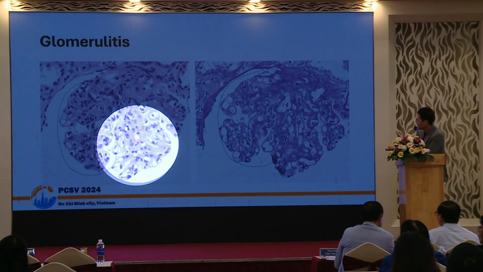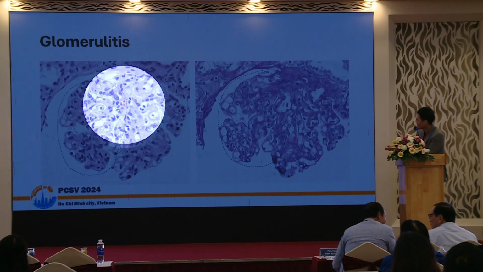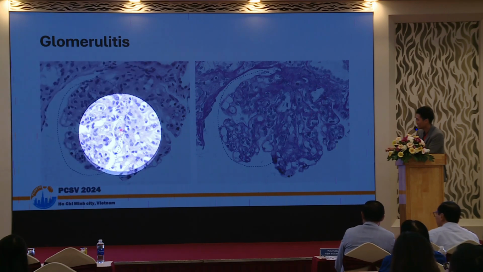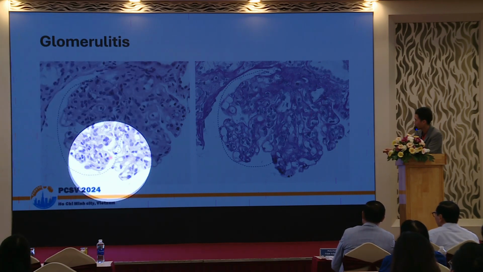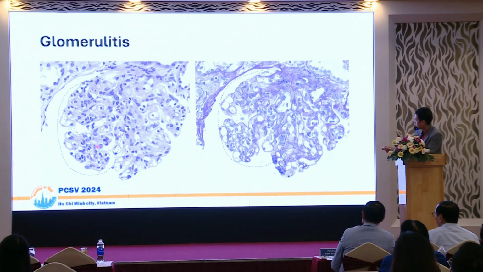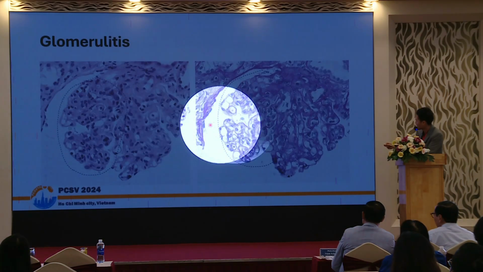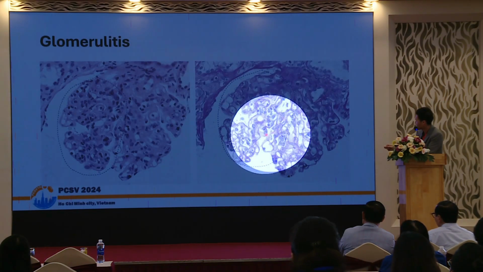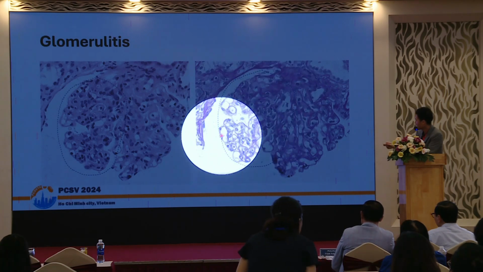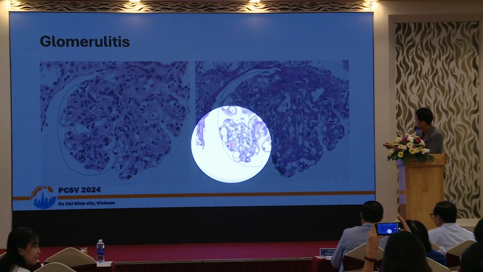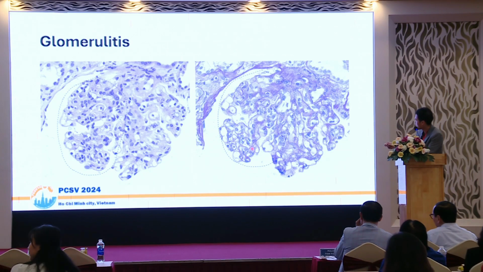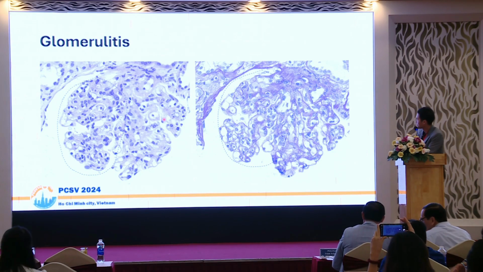In H&E, we can see there are many cells in these glomerular loops. But when we also see the PAS, we can be confident to say this is glomerulitis.